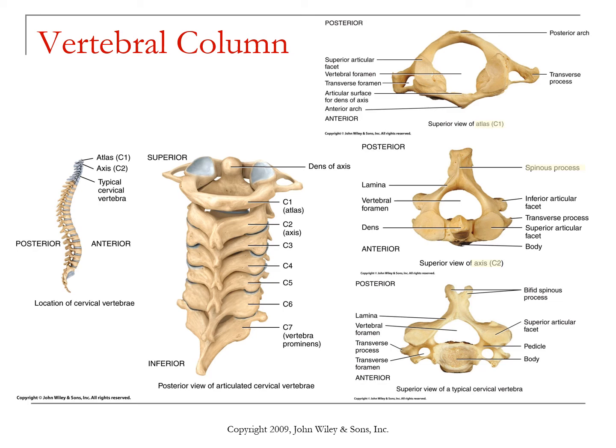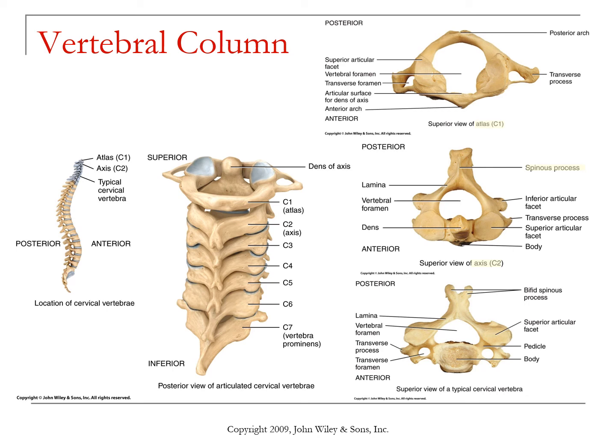So the body of C2 is a modified structure called a dens, and dens is Greek or Latin for tooth. So it looks like a tooth, a single tooth, sticking up into the space created by the absent body of C1. And this is where we form the pivot joint.